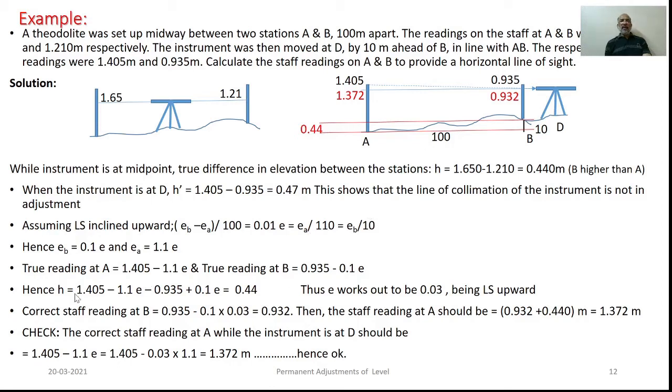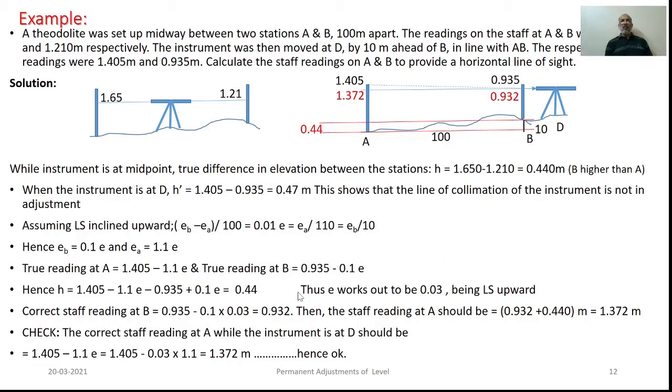Hence, EB is 0.1 E and EA is 1.1 E. So the true reading at A has to be 1.405 minus 1.1 E, and the true reading at B should be 0.935 minus 0.1 E. Hence, 1.405 minus 1.1 E minus 0.935 plus 0.1 E should be equal to 0.44, which is nothing but the true difference in elevation.